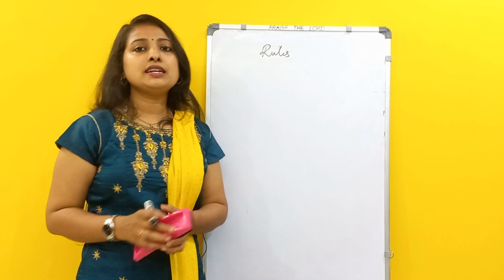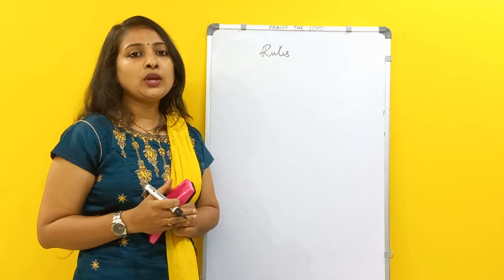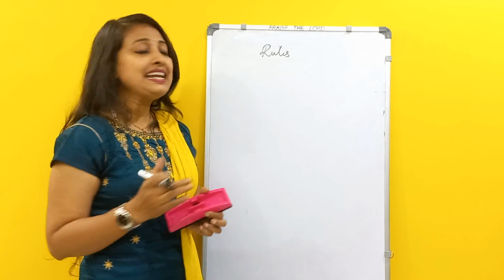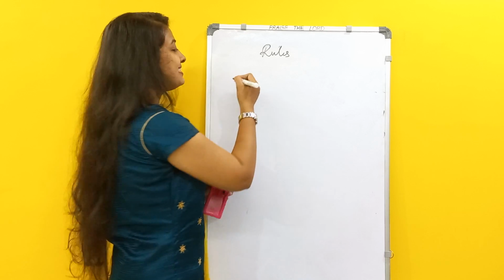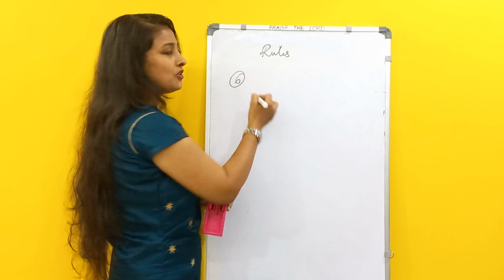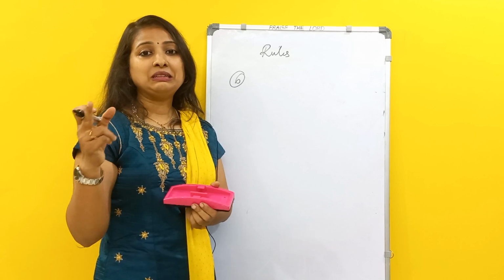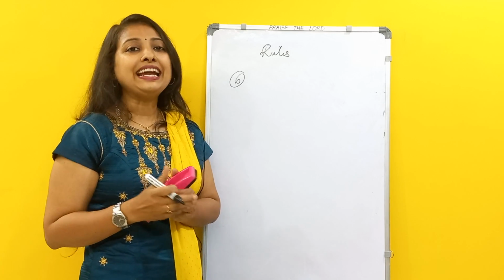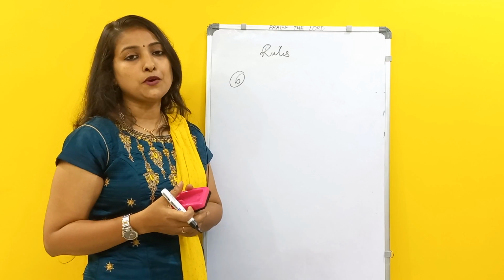The next rule is if a singular noun ends in Y. Which rule number is this? 6 or 5? Whatever may be the number. If a noun is ending in Y, then how will the noun be transformed?